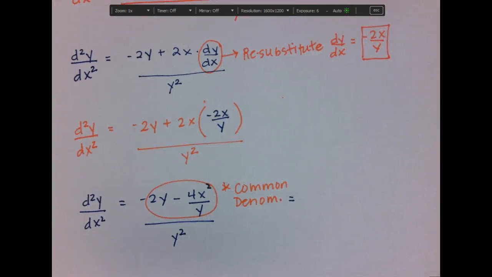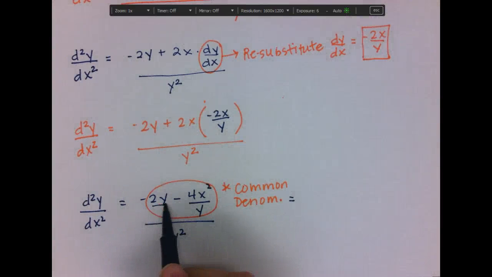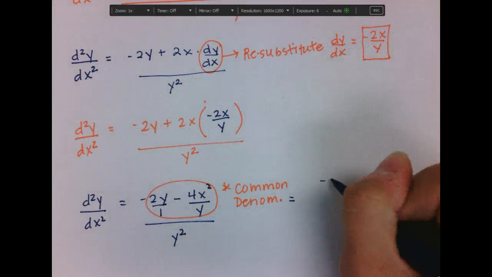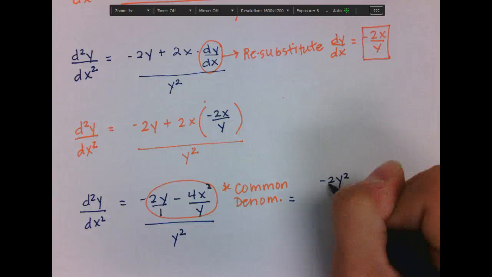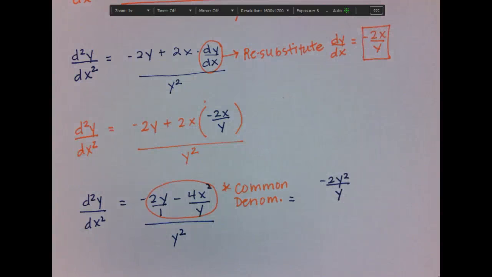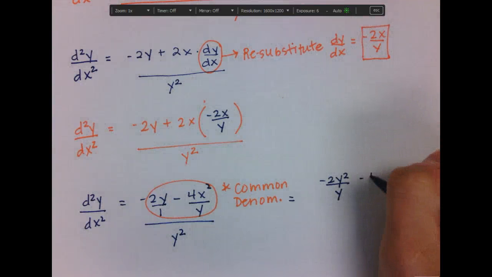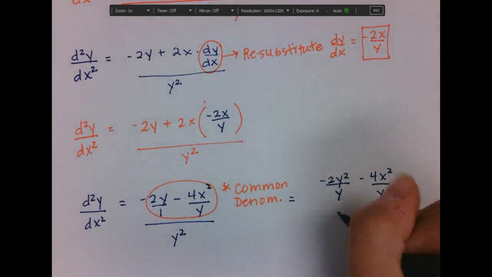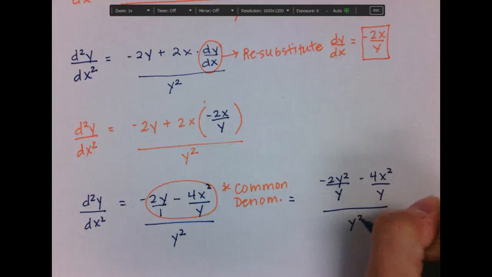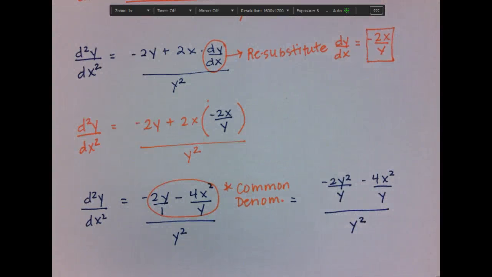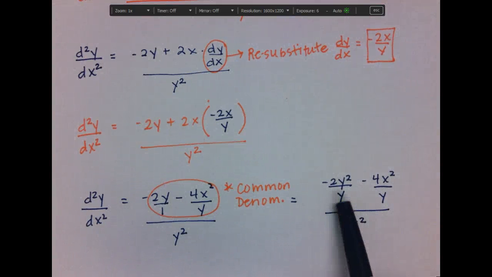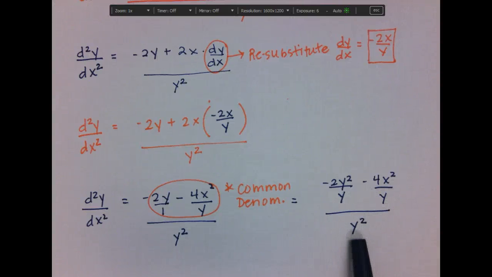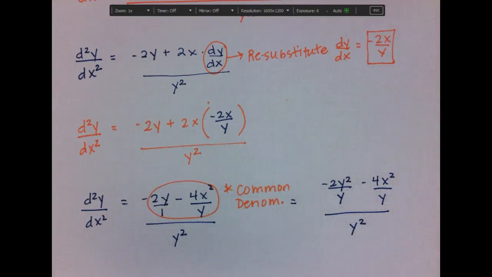So common denominator wise, this you can think of as over 1, which means that y will be your common denominator. I need to take that first term and multiply by y on the top and on the bottom. And my second term already has a denominator of y, so there's no need to do anything different there. Now at this point, because all three of these terms do have y's in them, you could do a little bit of reducing, but I'm going to hold off and do it at the end.